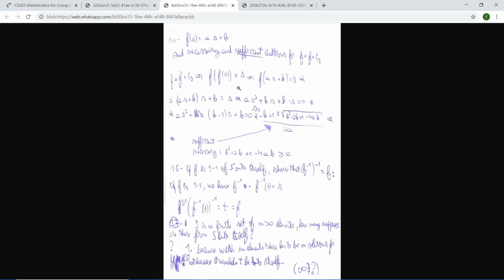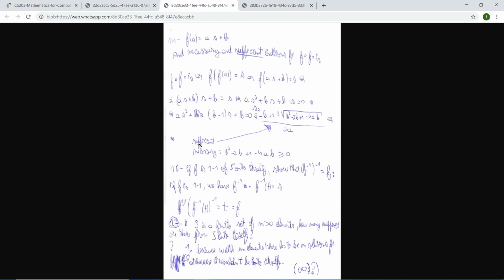So I expanded and I got a(as + b) + b equals x, and I expanded again and I got a second degree polynomial. So I used the quadratic formula, the root solver, and I got this.